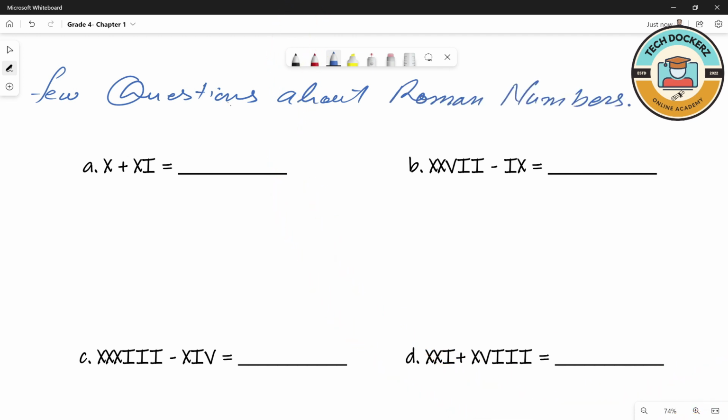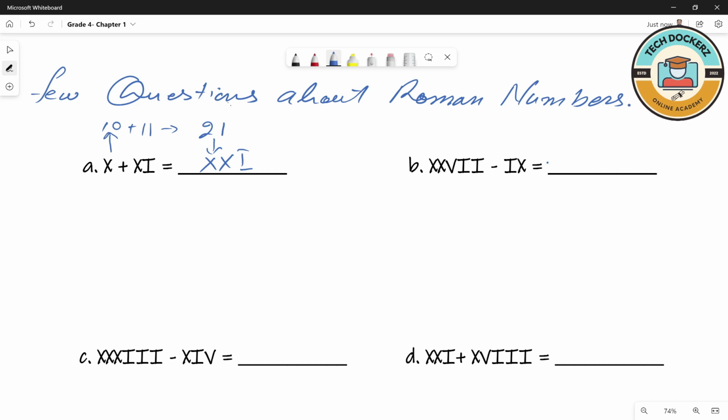Let's solve a few questions about Roman numbers from the book. We just need to convert the Roman numbers the way we understand them. For example, as we know, X represents 10, XI represents 11. So what will we get? 21. And how will we write 21? XXI.